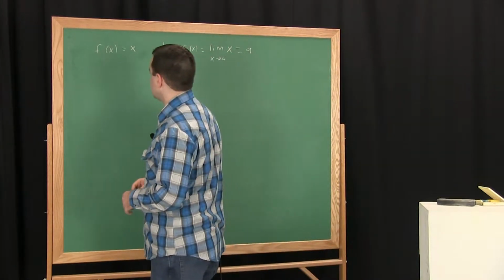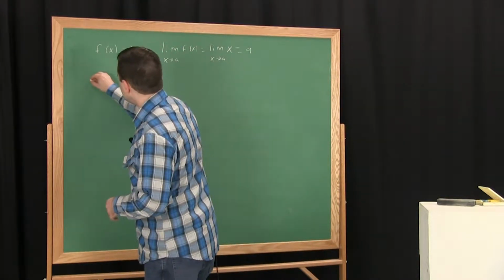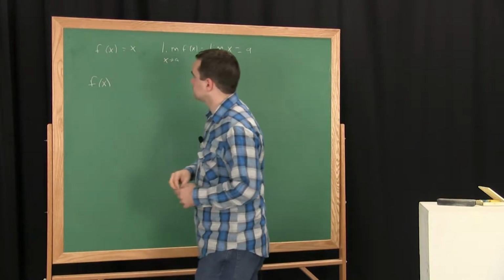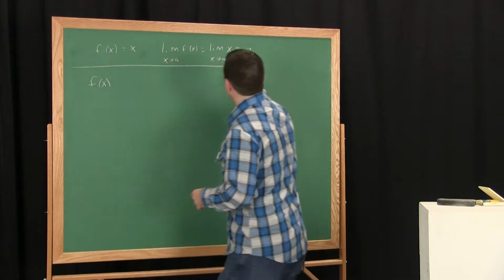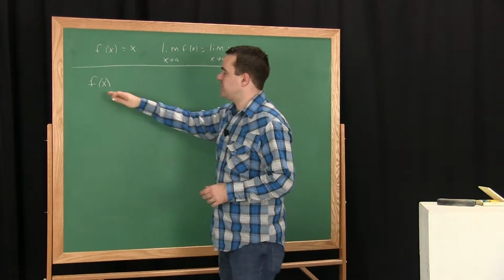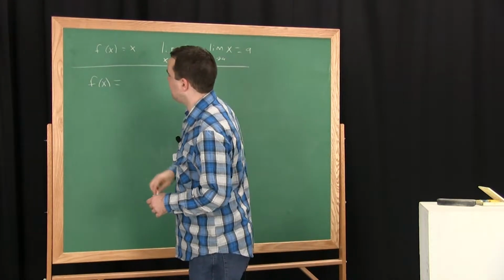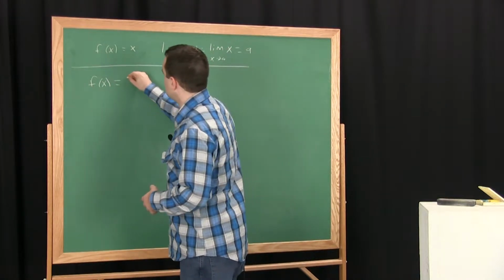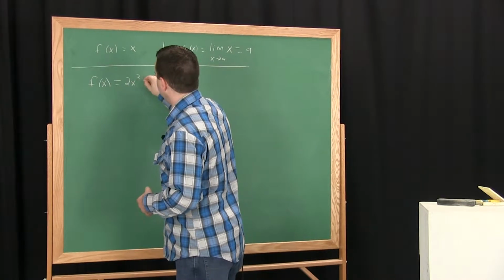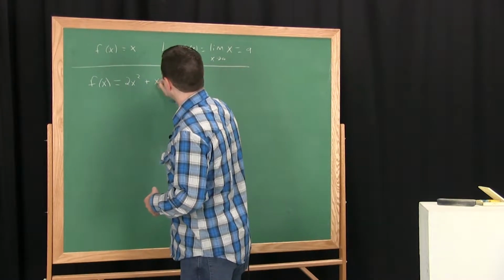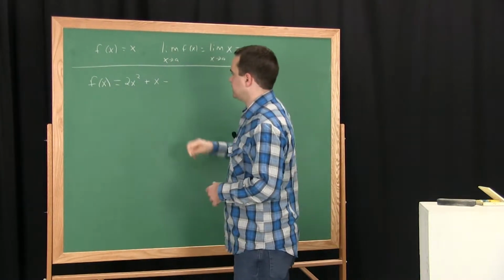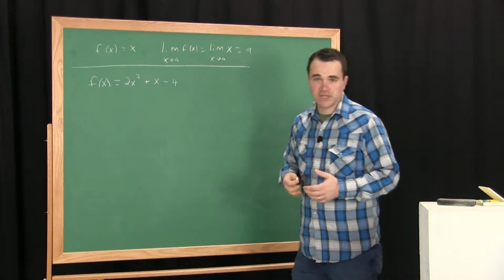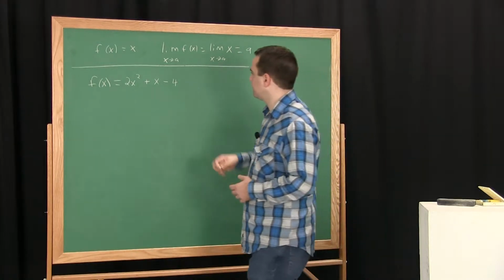So let's set that example aside, and let's say now we make a new function, still call it f, and say that it's just some polynomial. Let's start with a quadratic polynomial, maybe 2x squared plus x minus 4. And say you want to take the limit.